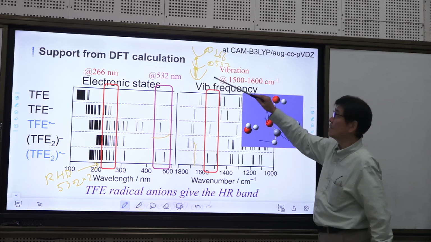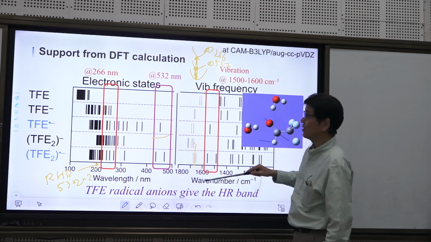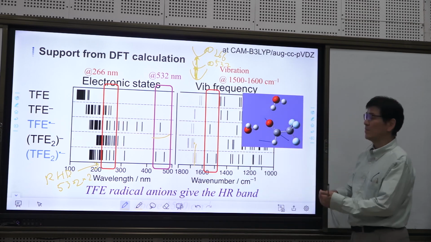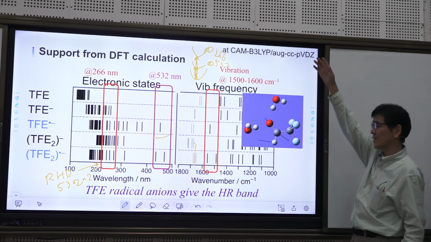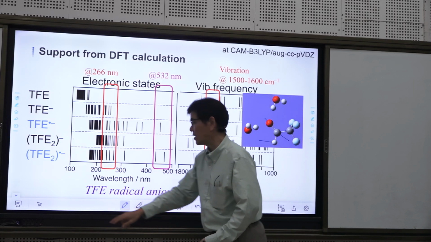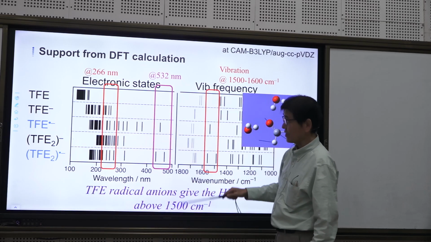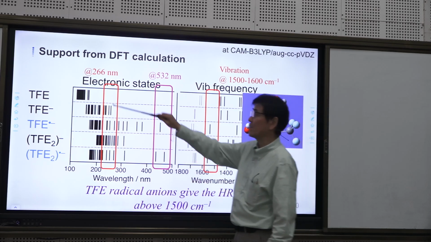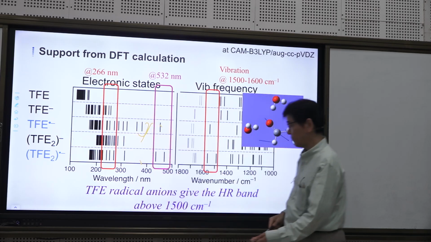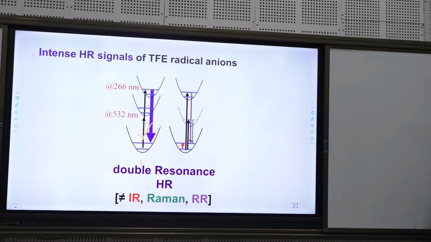But thanks to the double resonance enhancement, their signal is extremely largely enhanced, and then it appears in the hyper-Raman signal selectively. As a consequence, their signal is much larger than the other species. So the diagram is here.